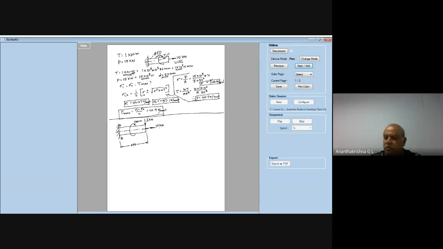It is 250 mm length. And one more thing, diameter 50 mm.